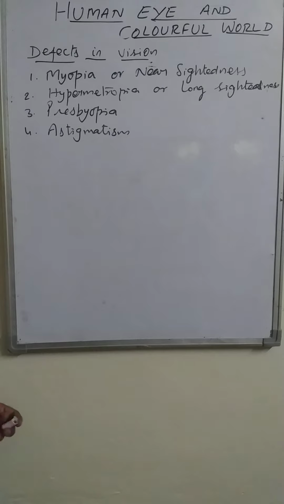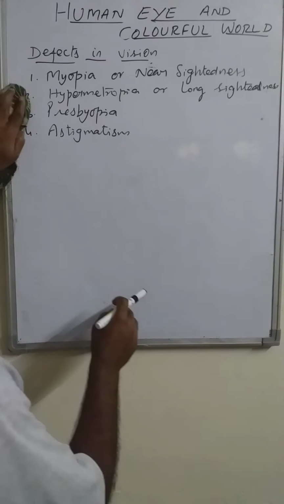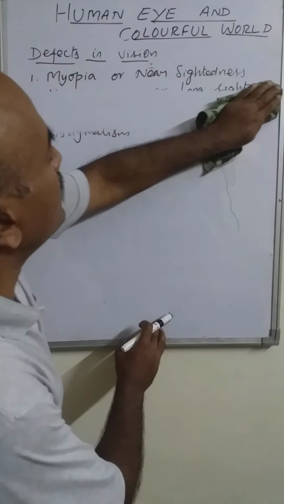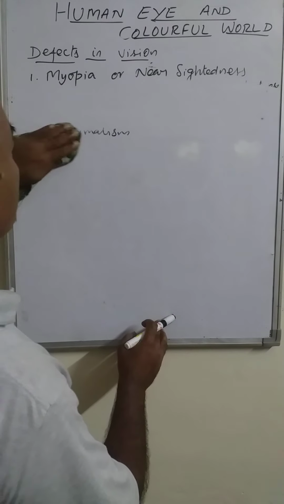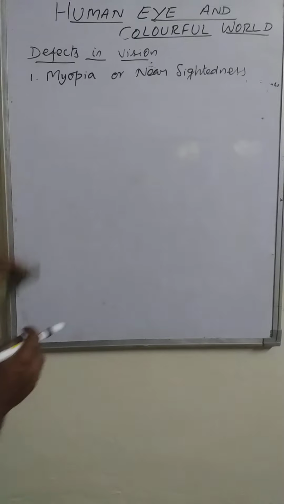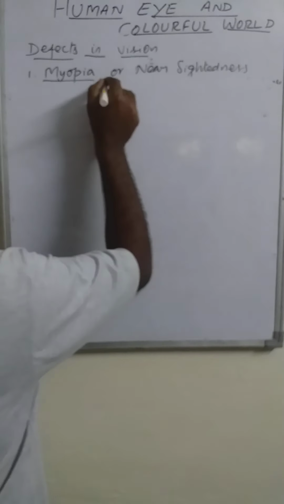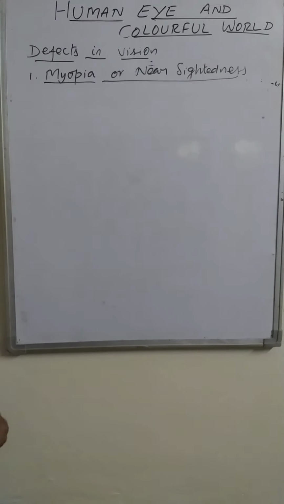We will discuss them one by one. First, let us take the first defect, that is nearsightedness or myopia. In this, what conditions take place in the human eye?